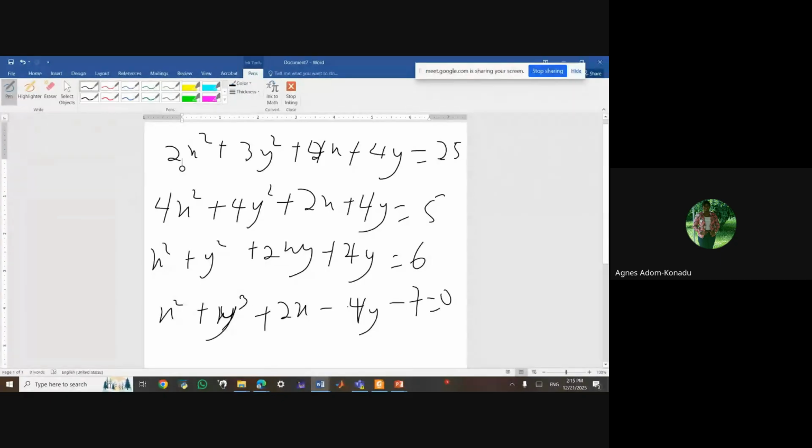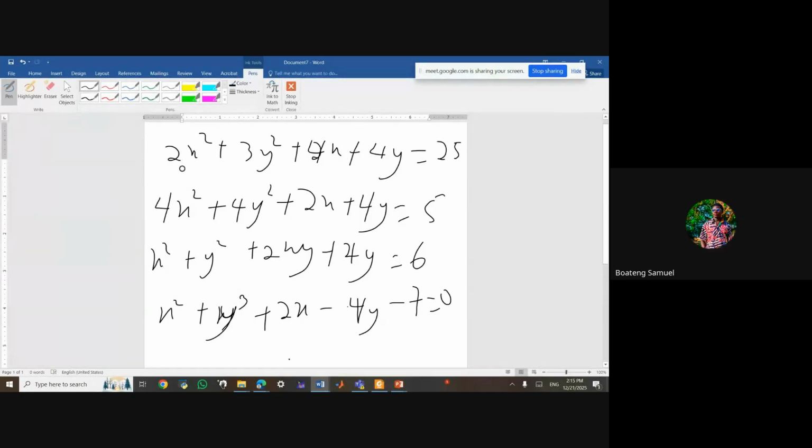Okay, so please, is the first one the equation of a circle? No, madam. Why? Because the coefficients of the x squared and y squared are not the same. Do you agree with him? Yes, madam. The second one is the equation of a circle.